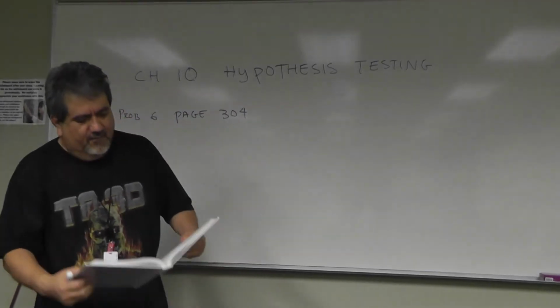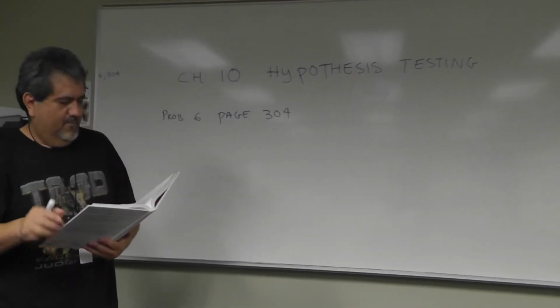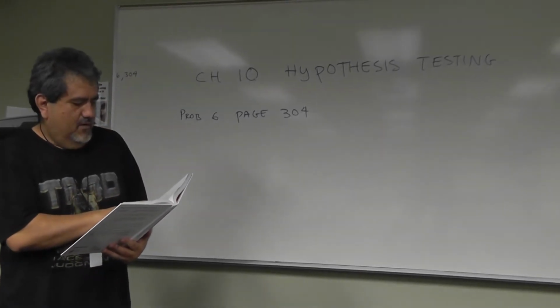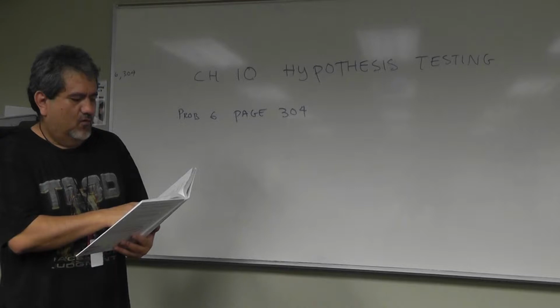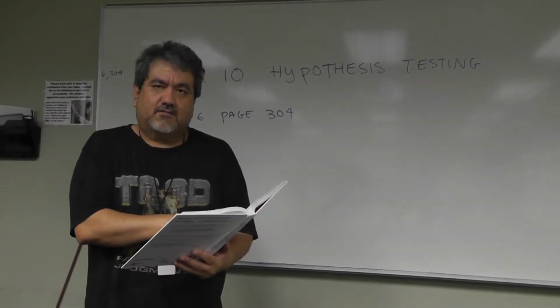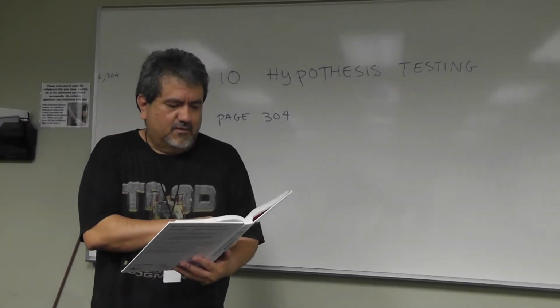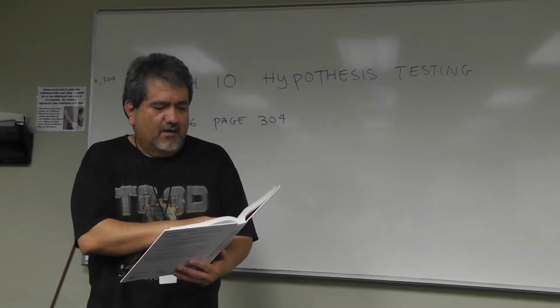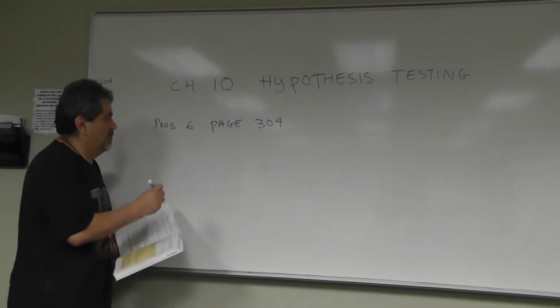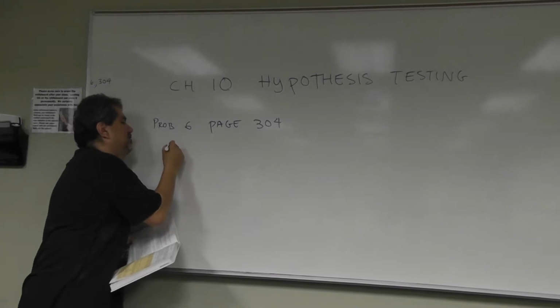See, a survey, no, wait a minute, that's not it. The waiting time for customers at this restaurant follows the normal distribution, right? And the population standard deviation is 1 minute, right? So we know this is about waiting time.